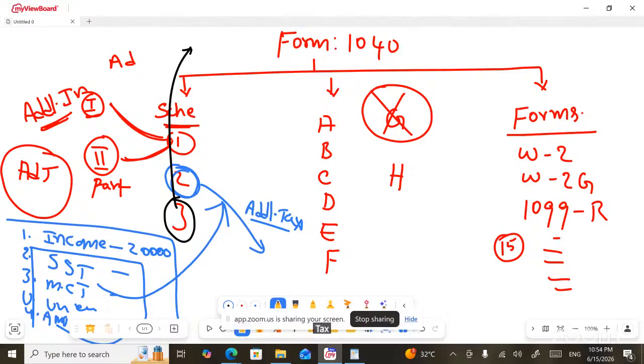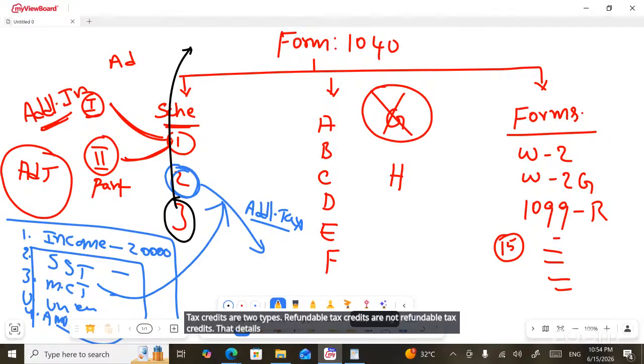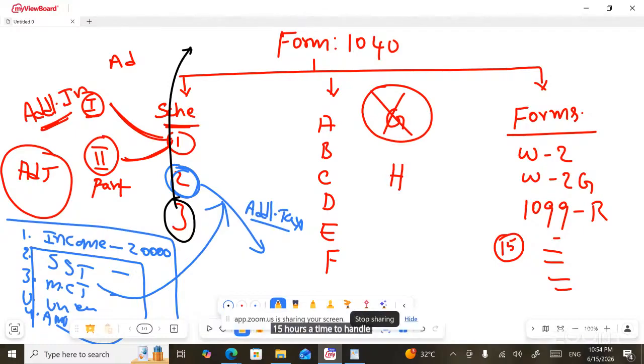Tax credits are of two types, refundable tax credits and non-refundable tax credits. That detail we are going to cover separately; it is going to take almost 15 hours to handle this and understand the chapter number 3, tax credits, schedule number 3.